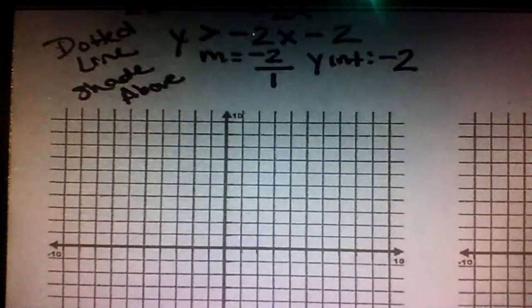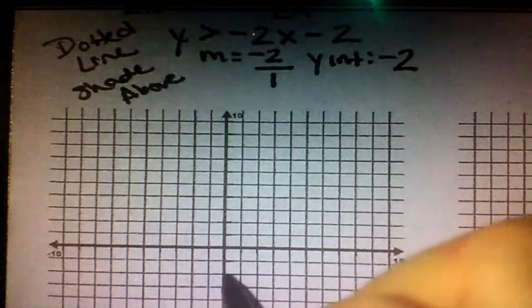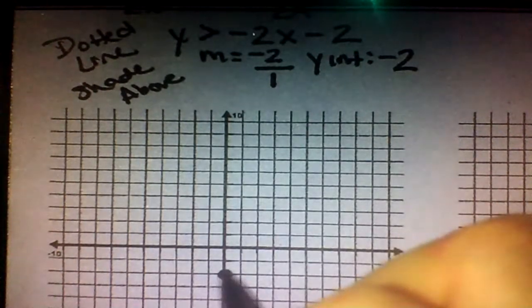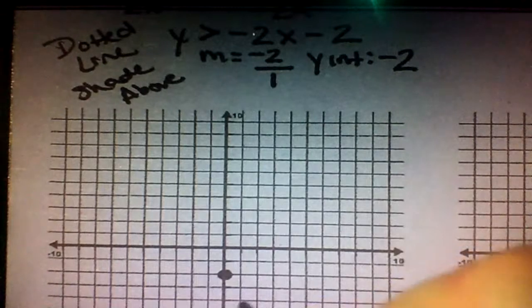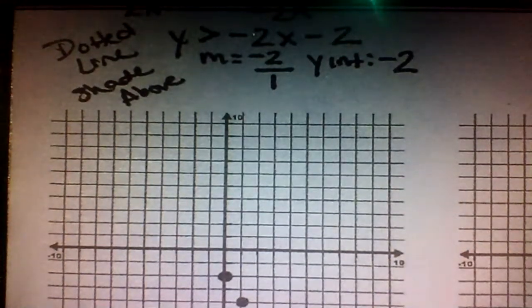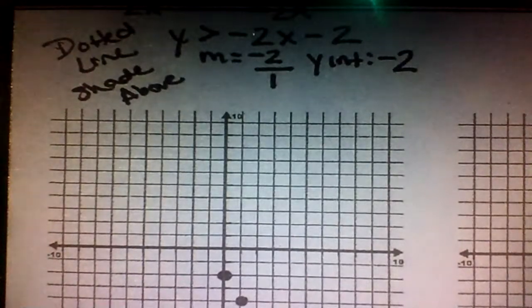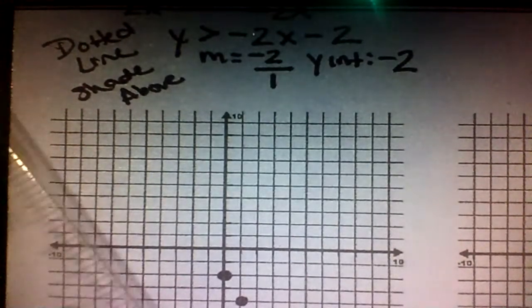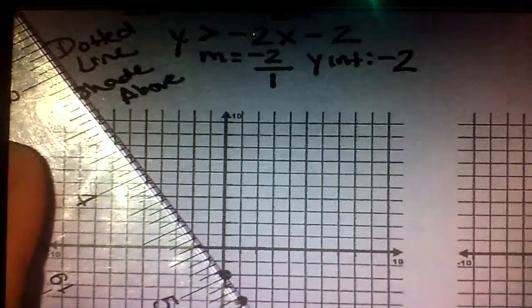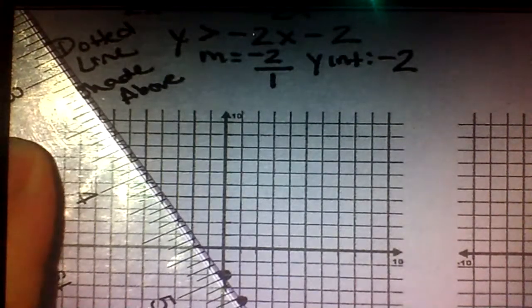So when I go to graph, this means we start at negative 2. And I go down 2 and to the right 1. So my line, when I graph it, should be going downhill. Please make sure that you are doing a dotted or a dashed or broken line. A solid line here would be incorrect.